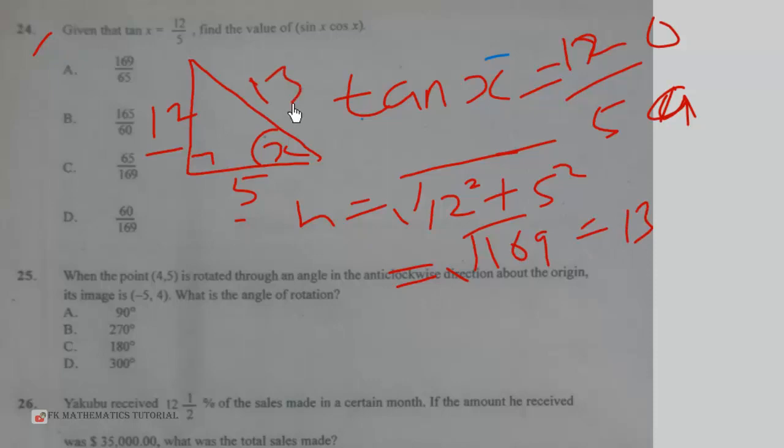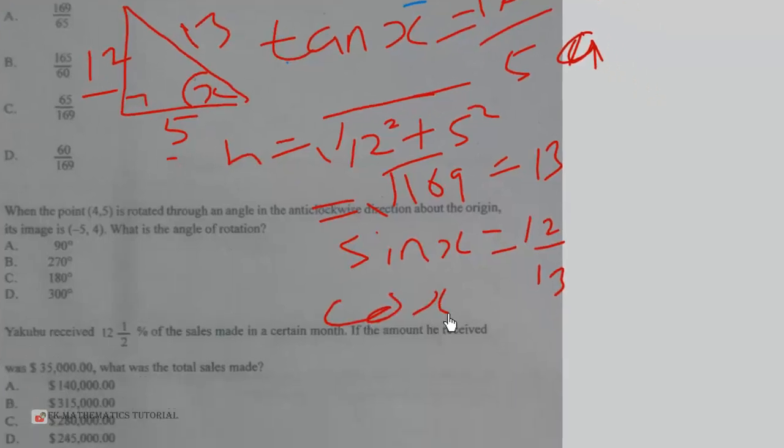So if that is 13, then sine x is opposite over hypotenuse, which is 12 over 13. Then cos x will be adjacent over hypotenuse, which is 5 over 13.